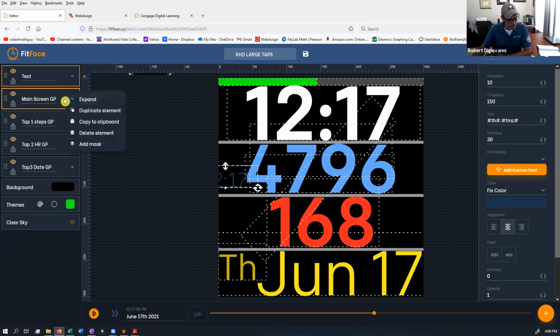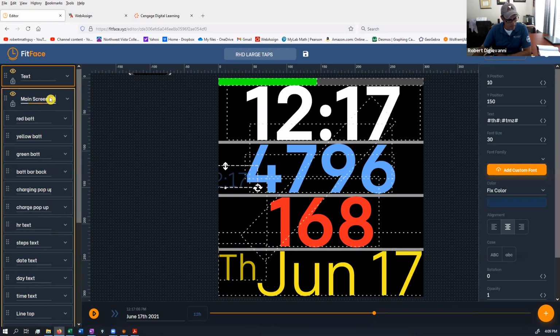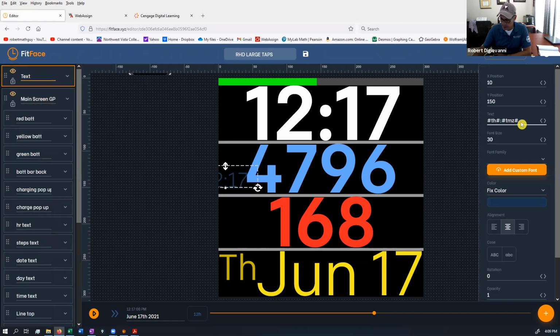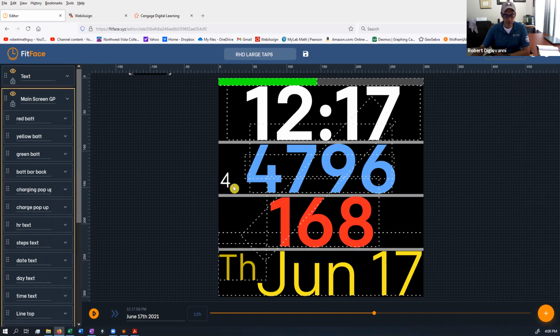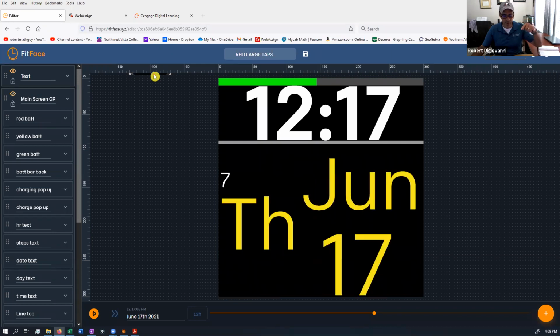Okay, I have a point to this. You see that little number 4 right there? Every time I tap my screen on my watch, there's a counter in the background, and every time I tap it, it changes numbers.